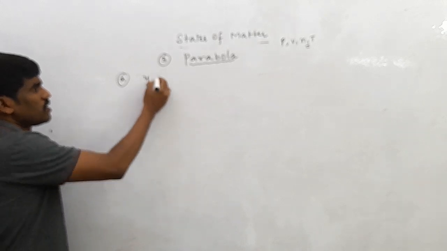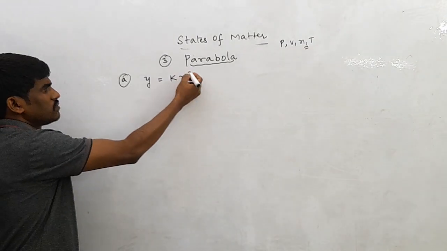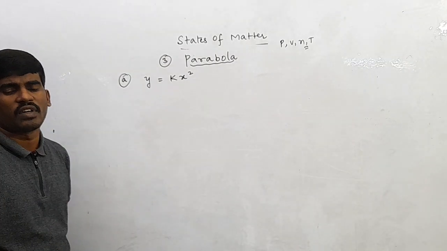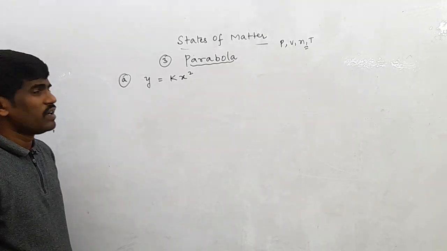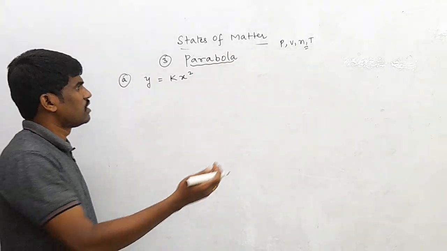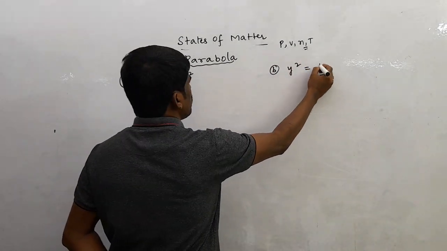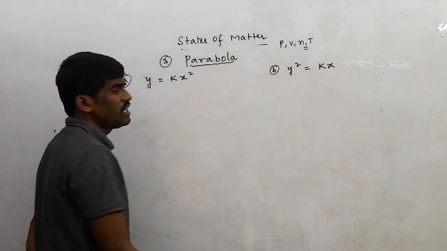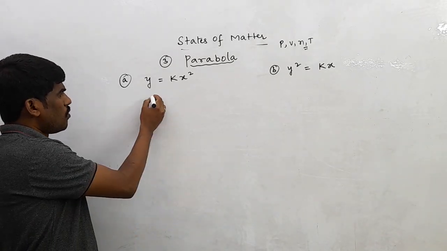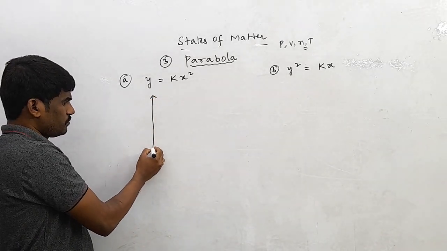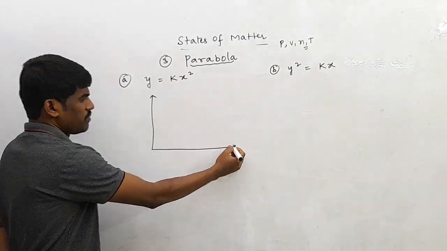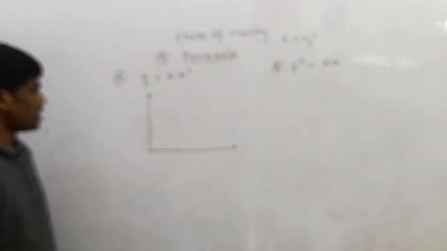One is y is equal to kx square, and in a similar way the second type of graph is y square is equal to kx. How does y is equal to kx square look?